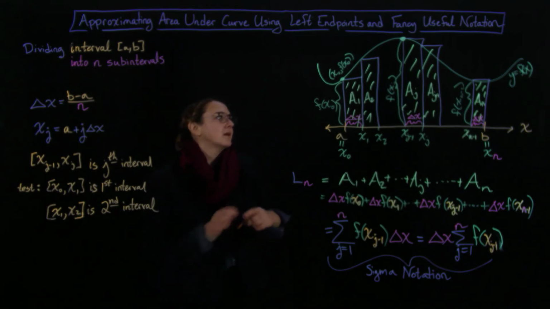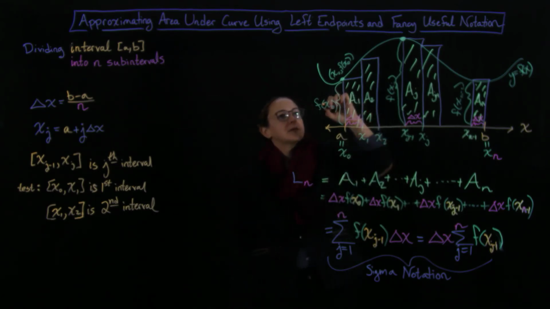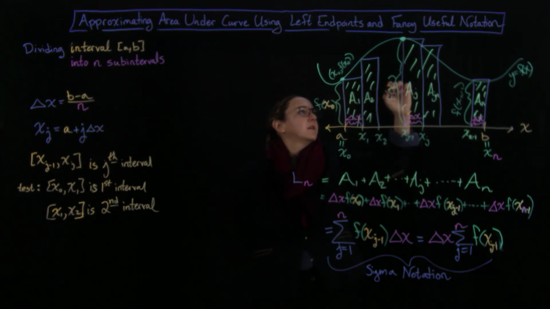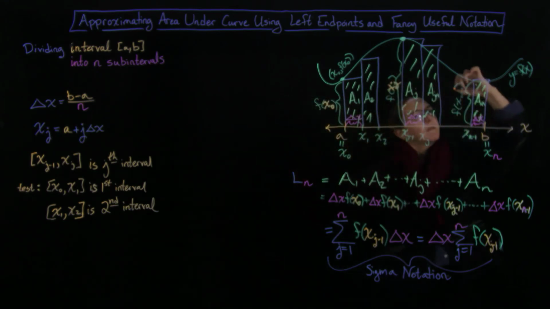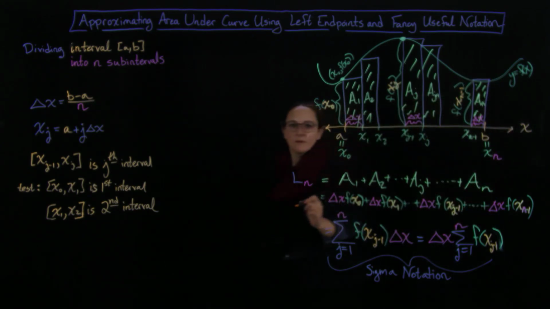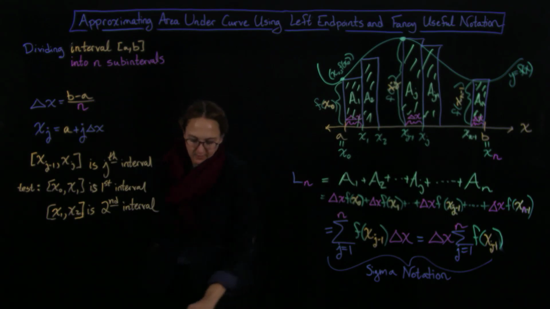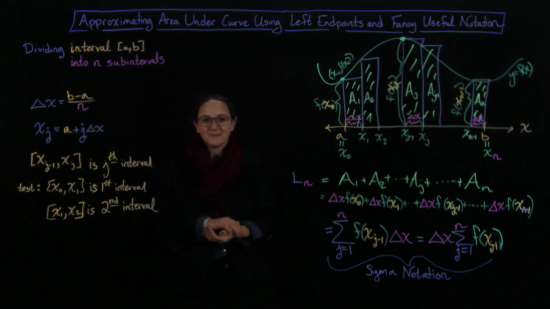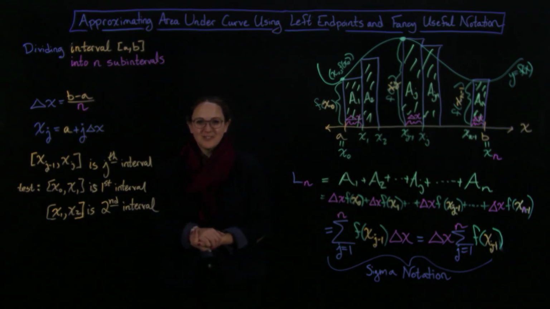Okay? I'm going to do the same thing with orange here before we finish off. So this is x0. This is xj. And this is xn minus 1. Okay. Great. So I hope that made some sense. And I will see you in the next lecture.